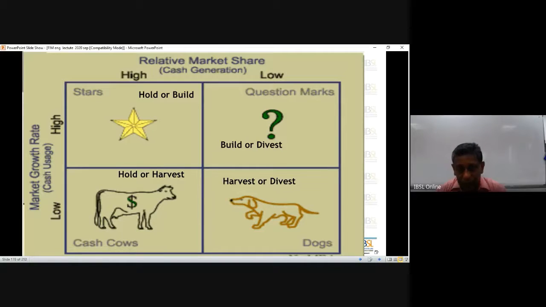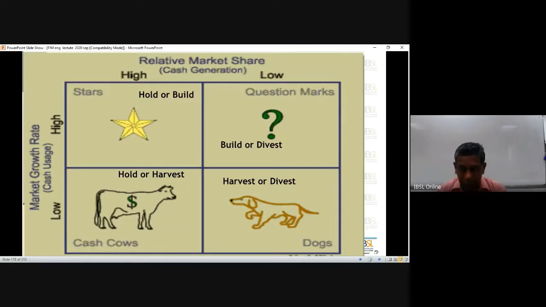Now, what I want to tell you here is that depending on your product portfolio box, in which quadrant your product falls, you have to decide different strategies. So that is the importance of BCG techniques.